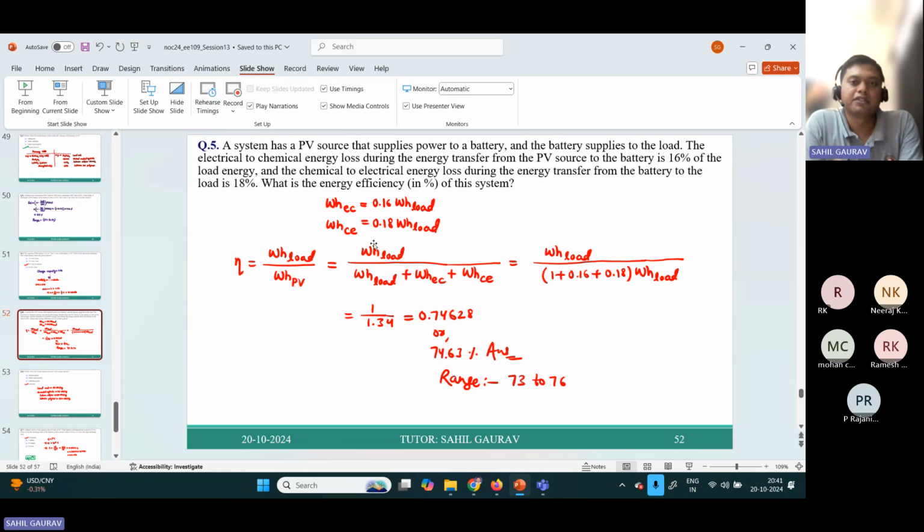So the energy being supplied to the load upon load plus electrical to chemical conversion loss, that is inside the battery, and chemical to electrical conversion loss, that comes again inside the battery. The electrical to chemical conversion loss is given as 16% of the total load energy, while the chemical to electrical energy loss is given as 18% of the load energy. So we will get this expression, and you can simply get the efficiency as 74.63%.